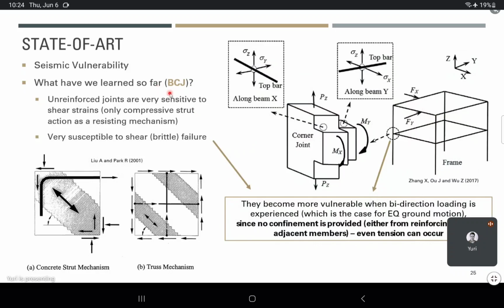Also related to beam-column joints, this is actually our major concern. These elements are very sensitive to shear strains, especially when they are unreinforced. In other words, they don't have stirrups inside. They're very susceptible to brittle shear failure, especially when we have a combination of both directions of loading, which can decrease confinement.